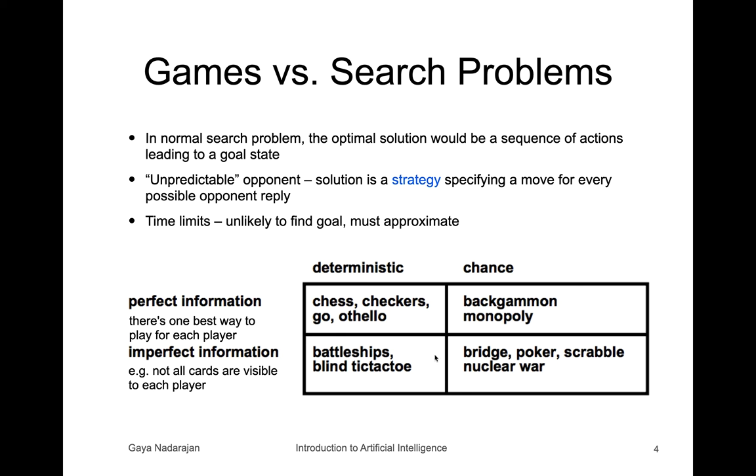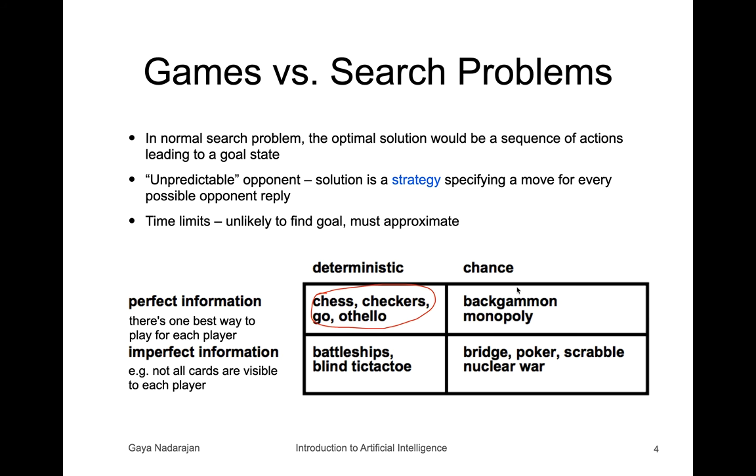Here is just a quick piece of information about some of the games that are out there. You may not know some of these games because maybe they're very old. I hope not. I know most of them. So this is the family of games we're talking about over here. They are games that we are particularly interested in, perfect information games where there's one best way to play for each player, and the environment is fully observable and deterministic, and you can see exactly what has happened and there's nothing hidden from you.